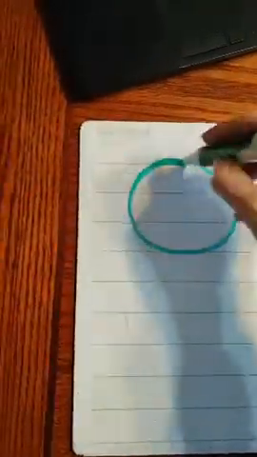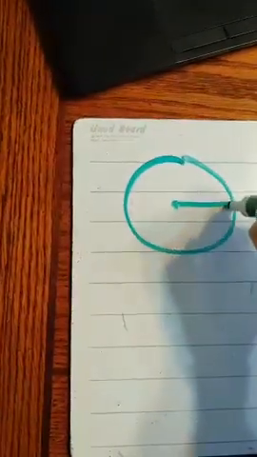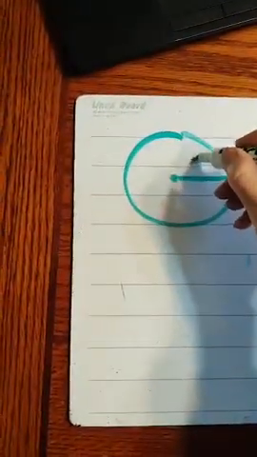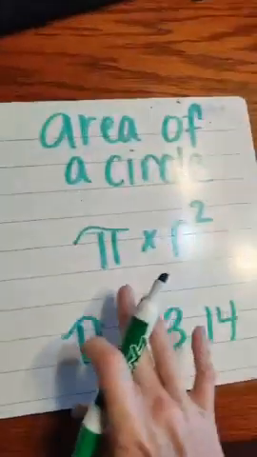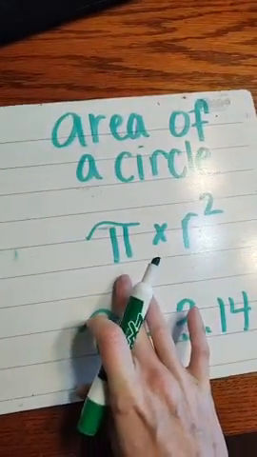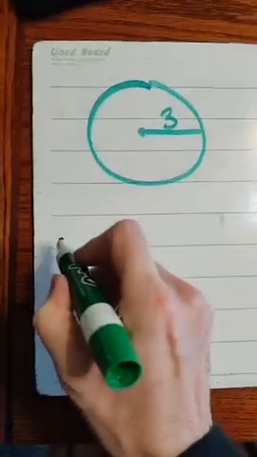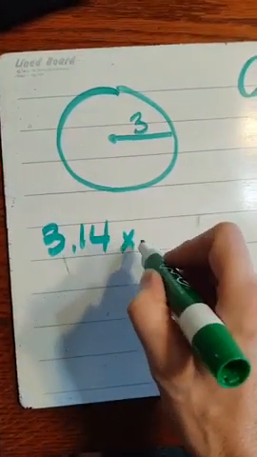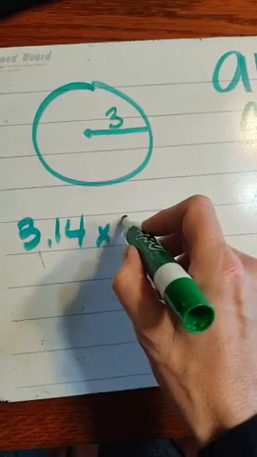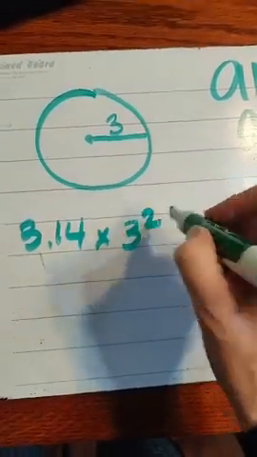Let's start out with an example. I'm going to redraw my circle and give us a radius problem. My radius is 3 here, and I'm going to use my formula of pi times radius, which we found out was 3, squared.